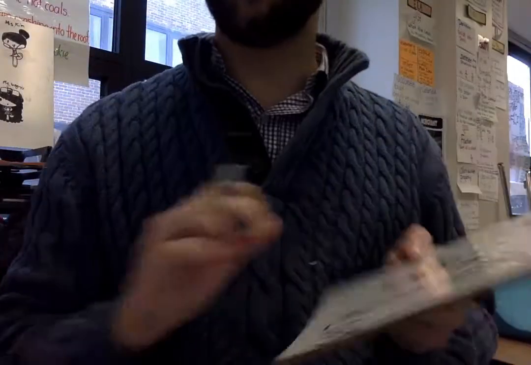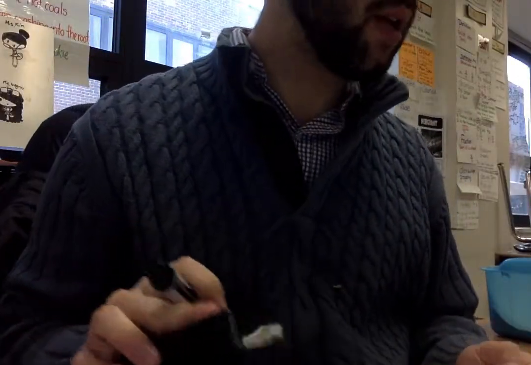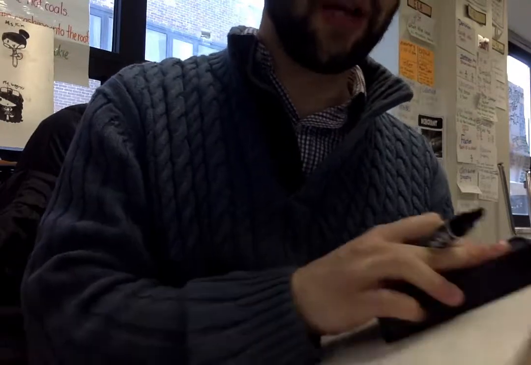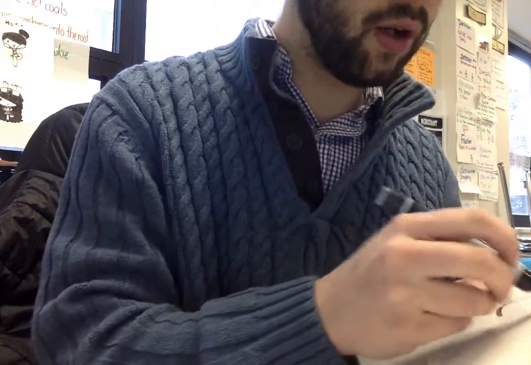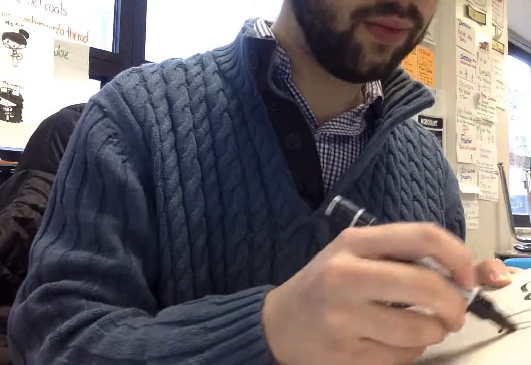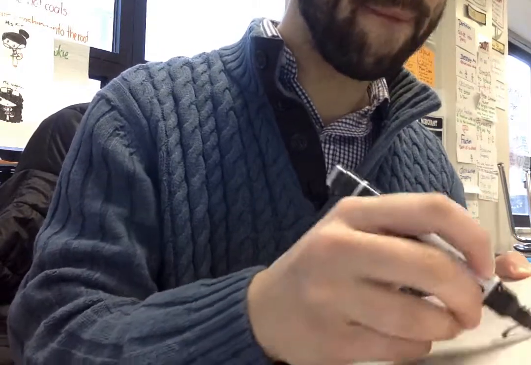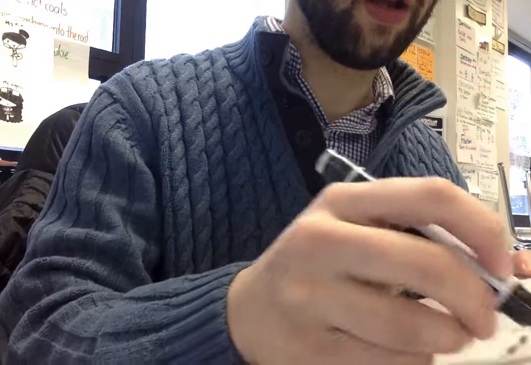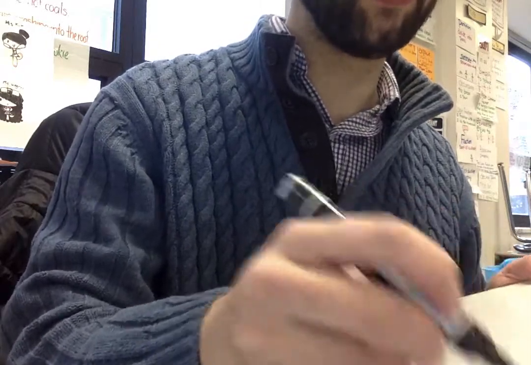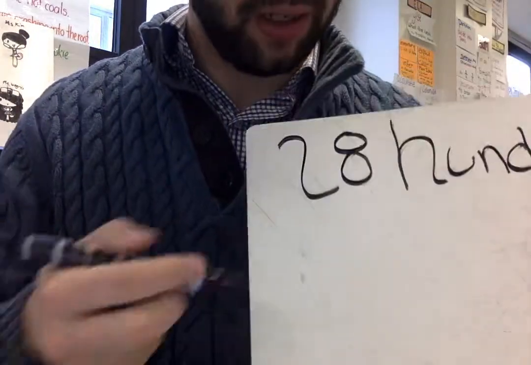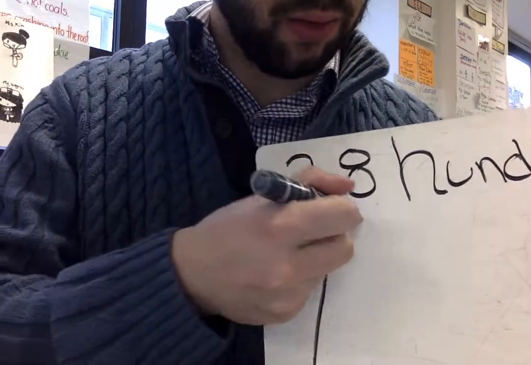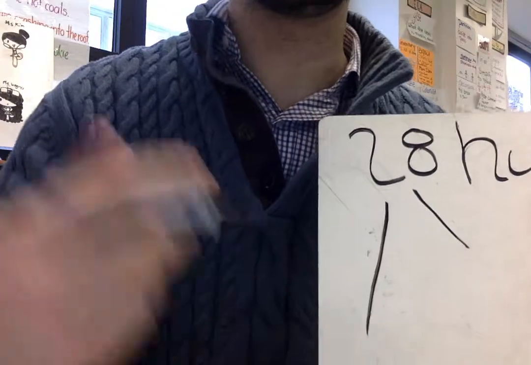So today, like our goal said, we're going to represent and count hundredths. We have the tape diagram to do that, we have the place value chart, and we have a number bond. If I were to write 28 hundredths on my whiteboard, I need to think, how can I break this apart to show how many tenths I have and how many hundredths I have?